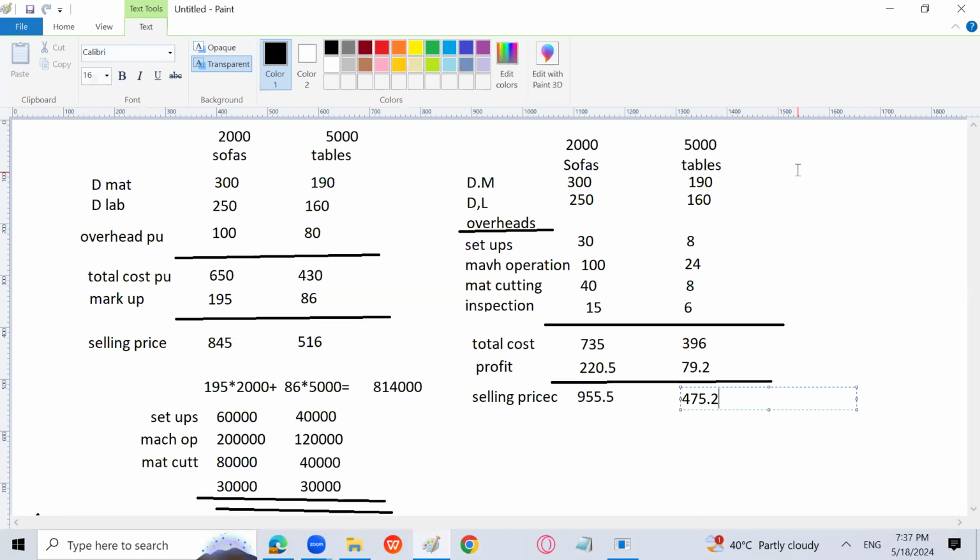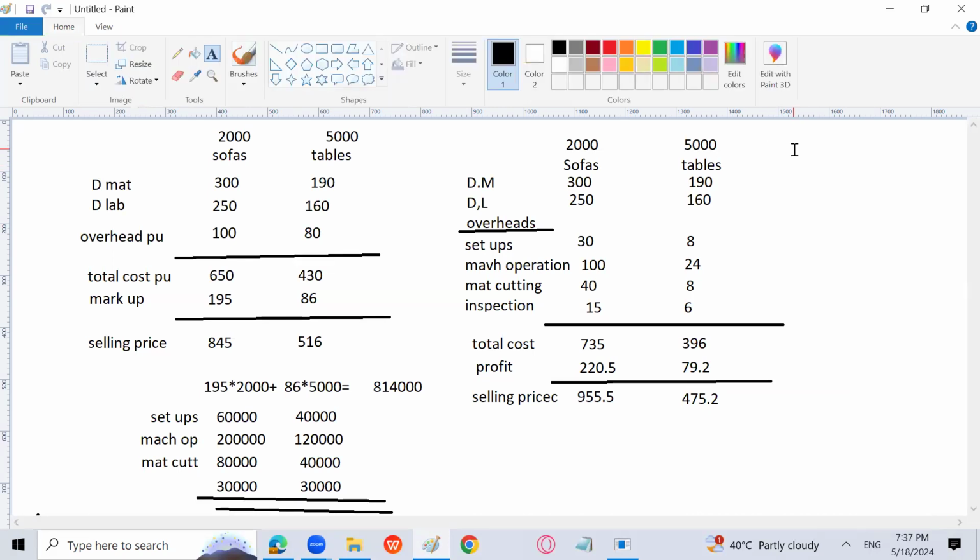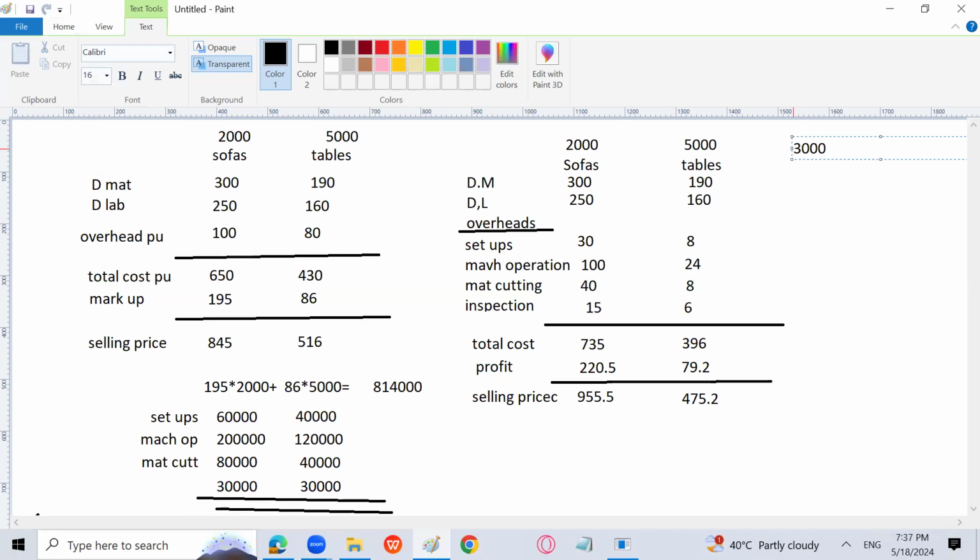If we are producing 3,000 tables, the table will consume how many hours? 4 hours. Each table will take 4 hours. So 12,000 hours are going to be consumed. So out of 30,000 hours, the remaining hours left for sofas are going to be 18,000.